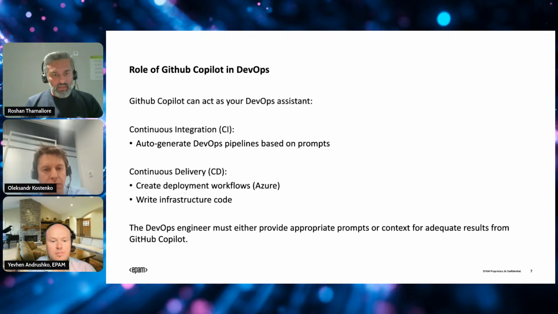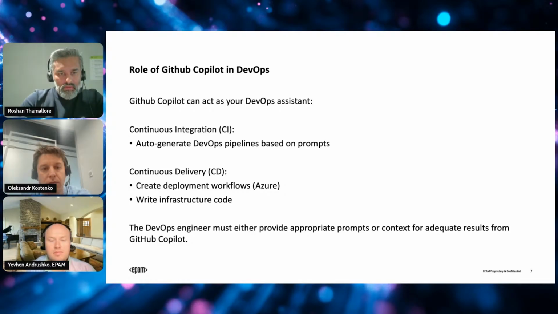Within the context of continuous delivery or continuous deployment, Copilot can be used to create deployment workflow jobs, as well as infrastructure code. It understands multiple languages, so it can develop this code in Terraform, in Ansible, in very cloud-specific languages like ARM or Bicep. What is very important within this entire process, as mentioned earlier as well, is that the DevOps engineer must provide appropriate prompts and context. And based on this context, Copilot will provide us with adequate results.